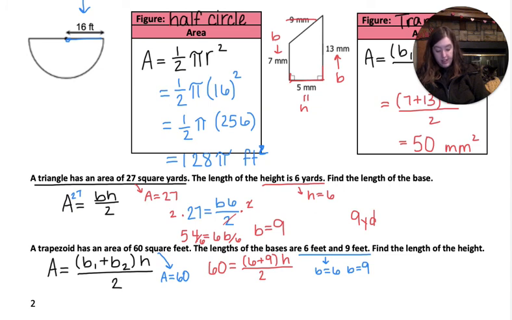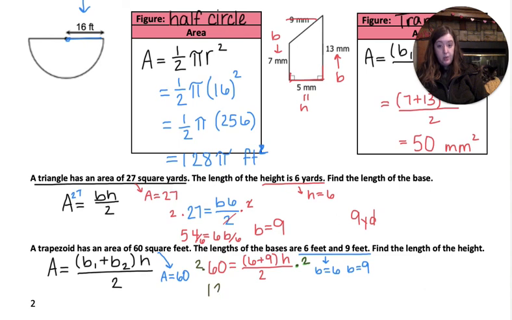So let's get rid of that 2 on both sides. I'm going to multiply by 2 to get rid of that 2 on the bottom. Two times 60 is 120 equals. These 2's divide away to 1. Now I've got 6 plus 9 in there.